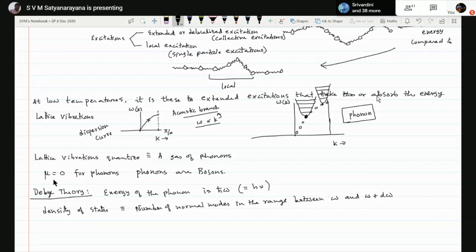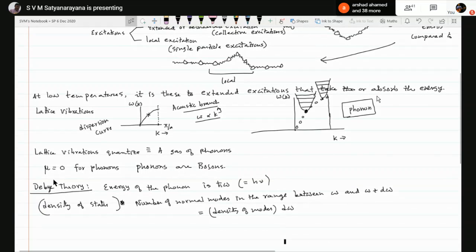This is not the density of states. To define the density of states, we have to say this is equal to the density of modes, maybe you call them that, into d omega. So this is one important quantity that we would like to have.